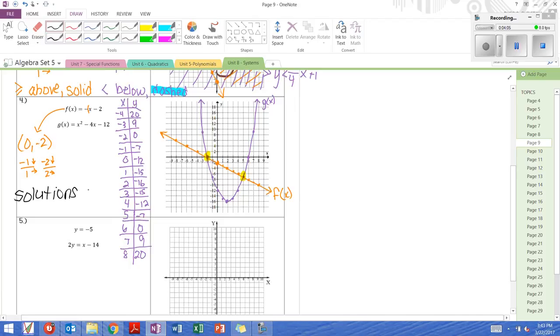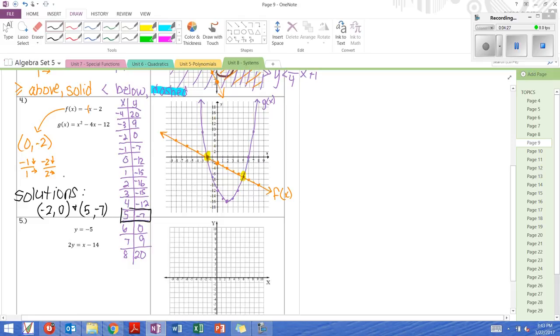In this case, it's solutions because there's 2 points. And this happens at the point (-2, 0). And this one is a little bit trickier to see, but we do have this point (5, -7) plotted on the line. And as you can also see, it's in the table of values below.